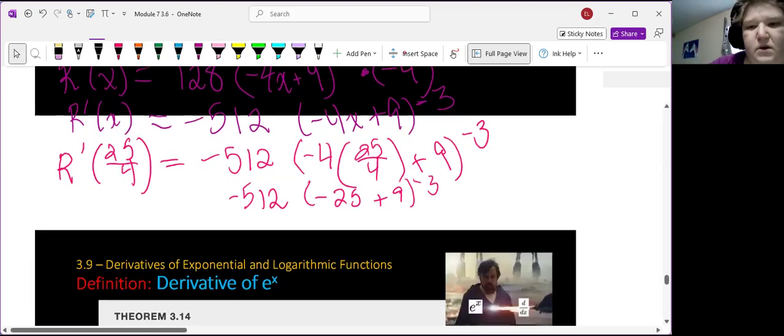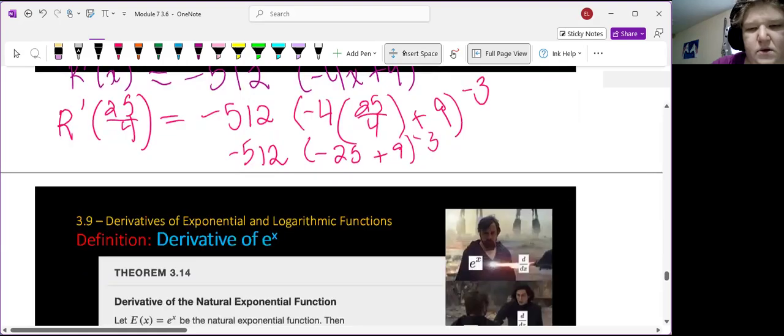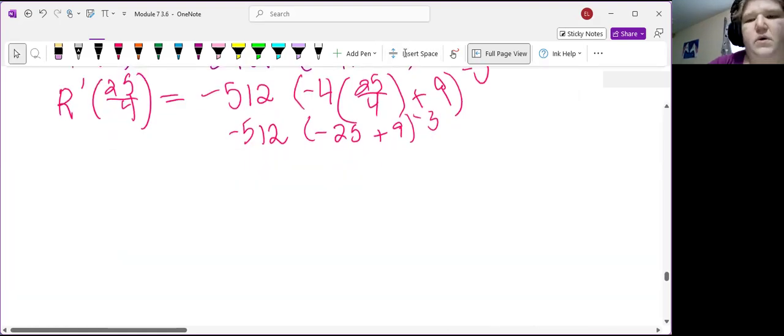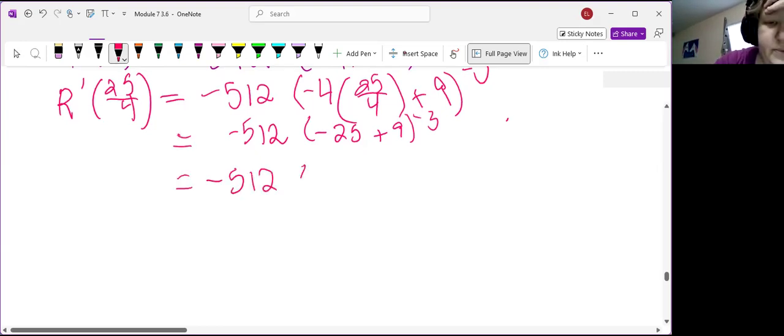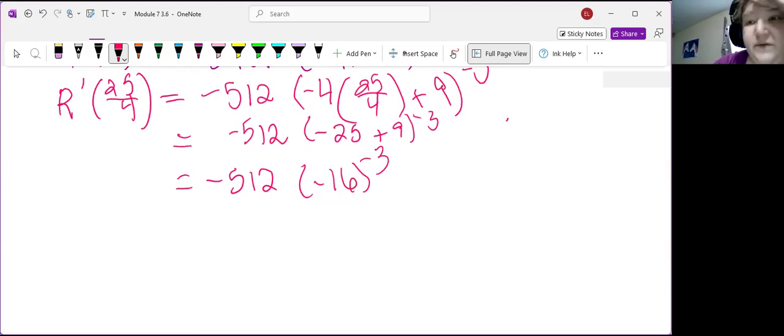So this is negative 25 plus 9, which is negative 16. And then 16 is a power of 2. 512 is a power of 2. But at this point, that's all numbers.